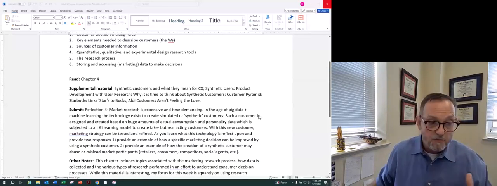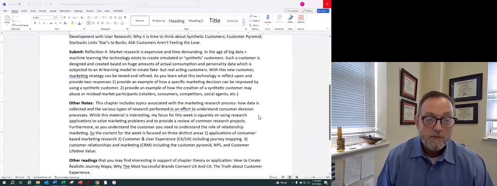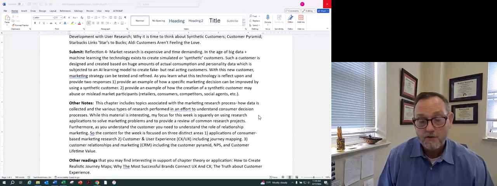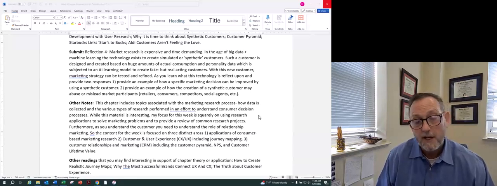The main thrust of the concepts this week deal with three different things that I'm going to focus on. One are the applications of consumer-based research. So as a manager, there are a bunch of different research projects that could be done that would help you do your job.